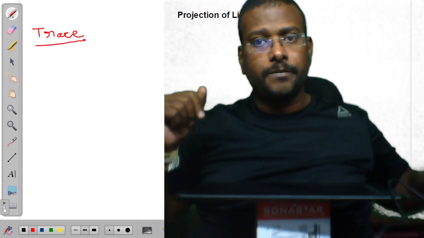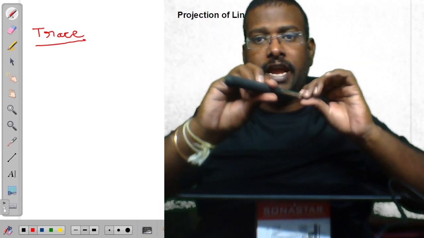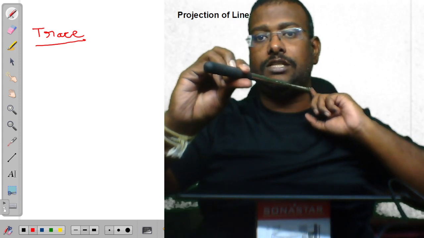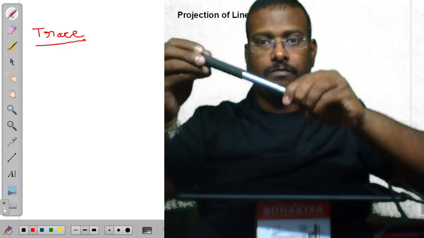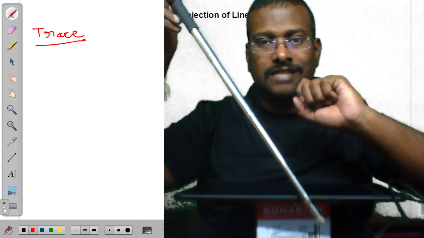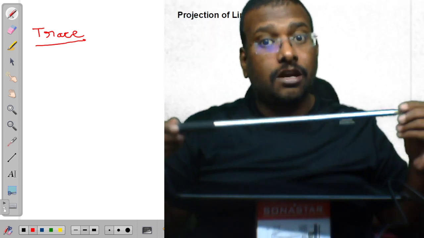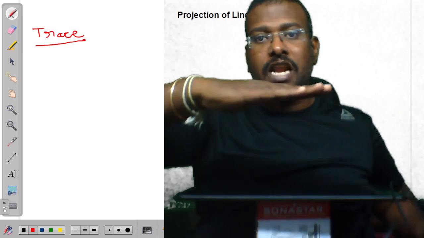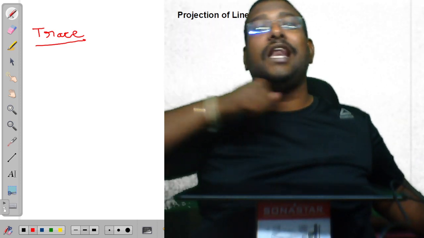If it is a line and I extend it, the trace is a point. The HT is a point. The trace of a line is a point, whereas the trace of a plane is a line.